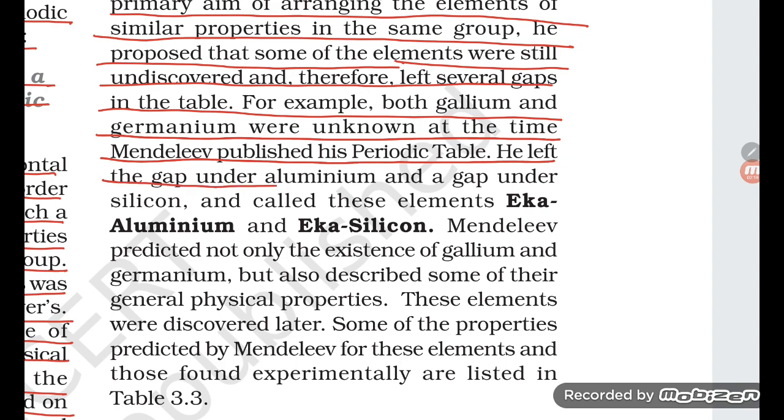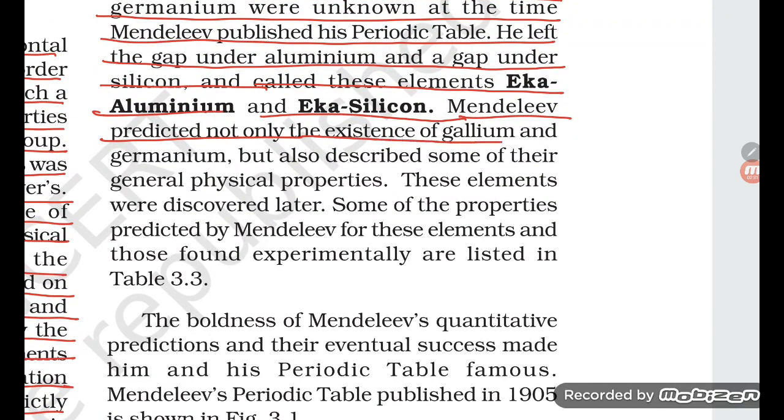He left a gap under aluminum and a gap under silicon, and called these elements Eka-aluminum and Eka-silicon. Mendeleev predicted not only the existence of gallium and germanium, but also described some of their general physical properties. These elements were discovered later.